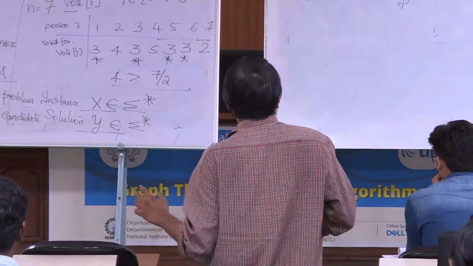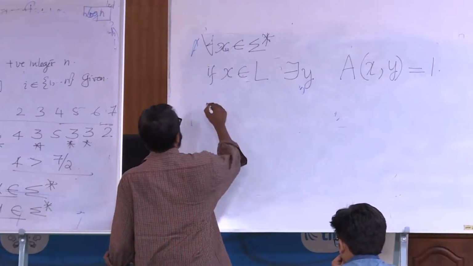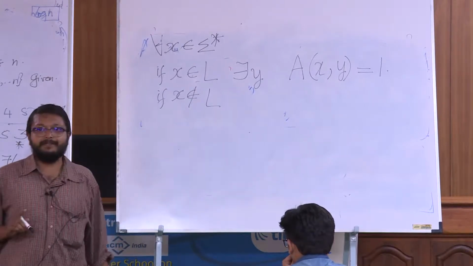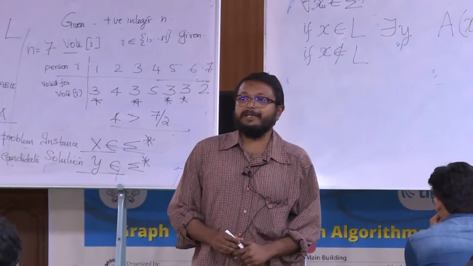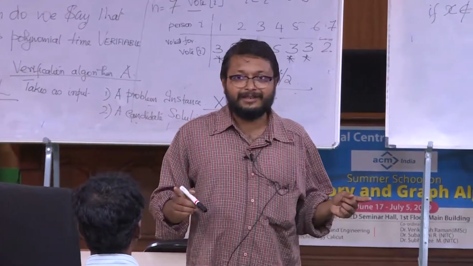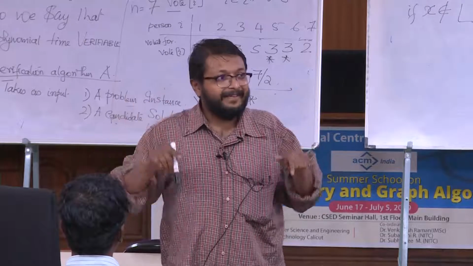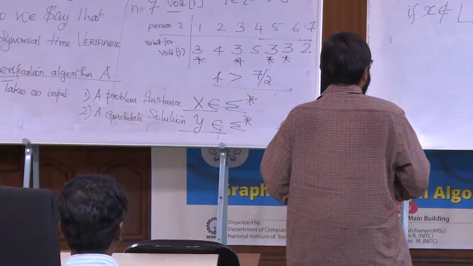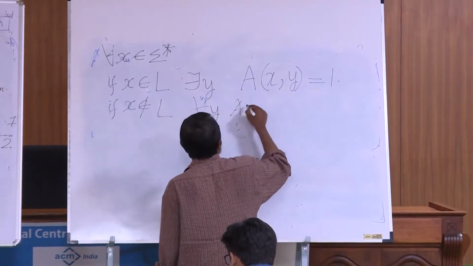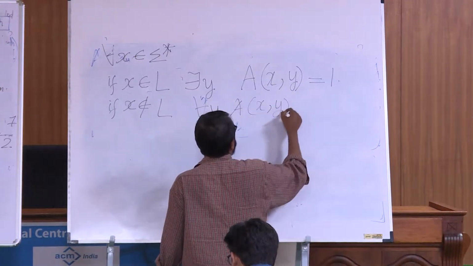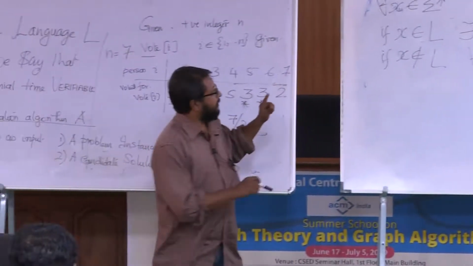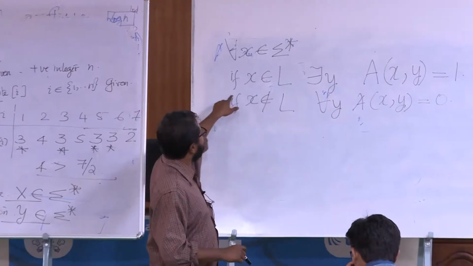But the important part is, if x is not in L, then what is the requirement? You should not be able to cheat the verifier, cheat the security system. That means for all y, A(x, y) equals 0. There is one catch in this notation, for every, there exists.